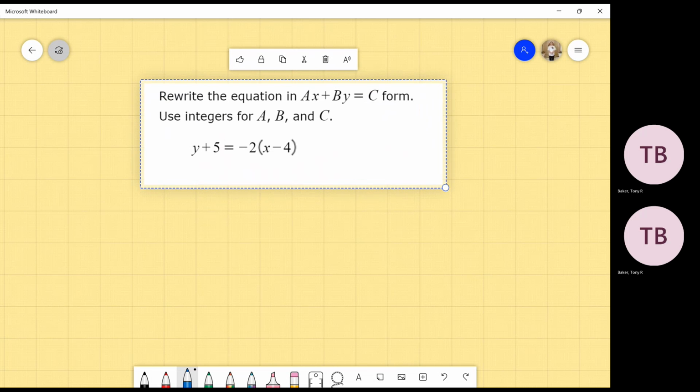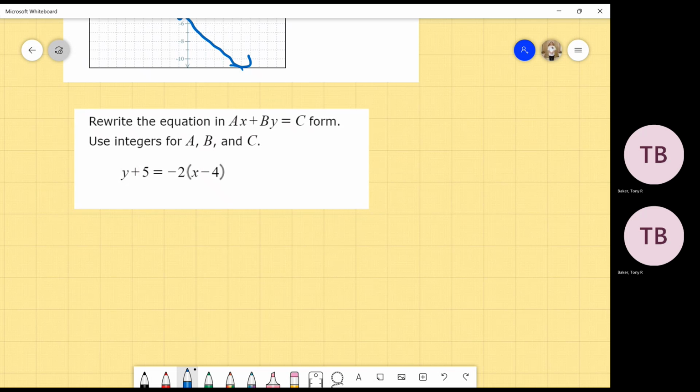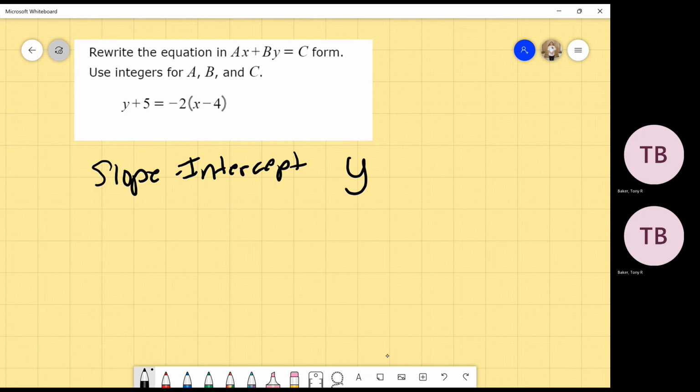Okay. So now the next one, this one right here. What's the format that problem's in? So there's three formats that we've looked at. We've got slope-intercept, which is y equals mx plus b.